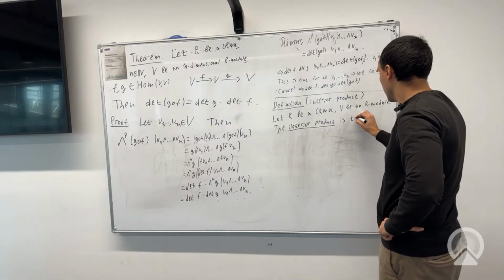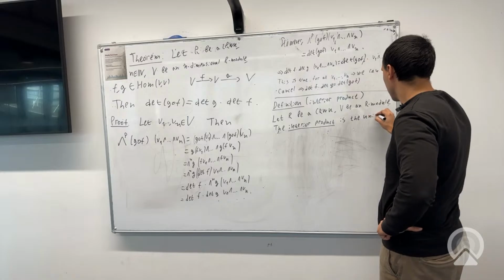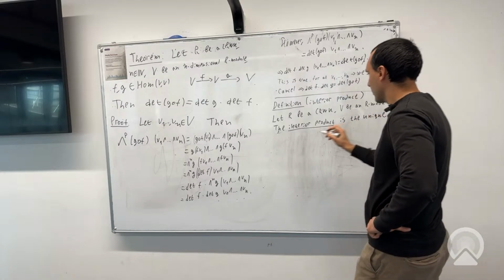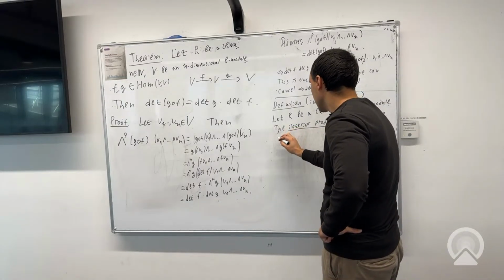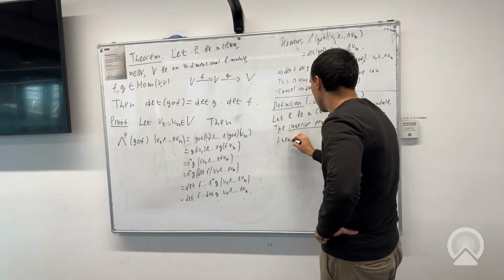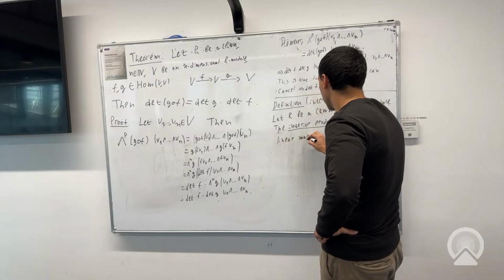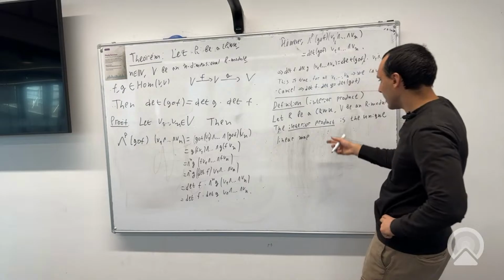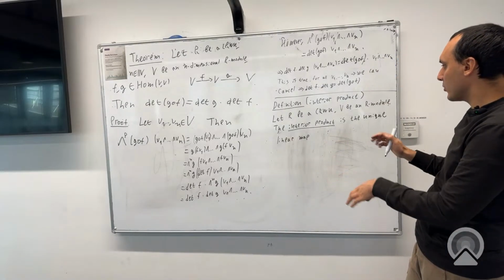as the unique, let's say, linear map. It's a family of linear maps, but then we make it a linear map on the whole space.